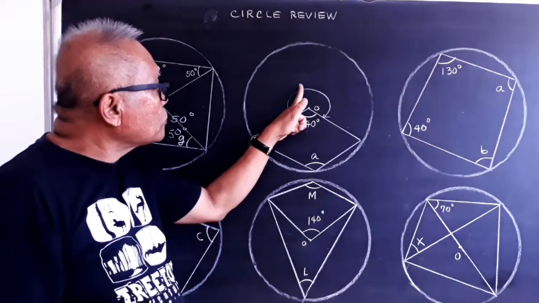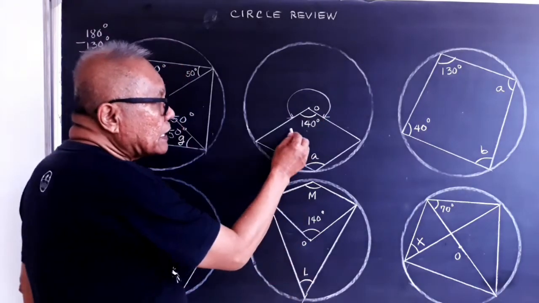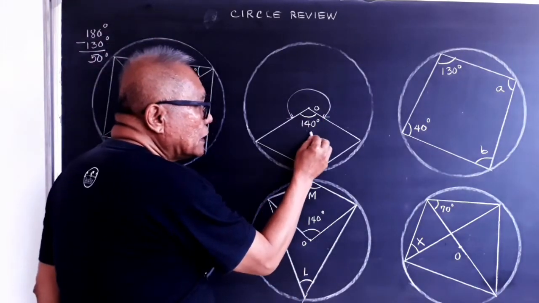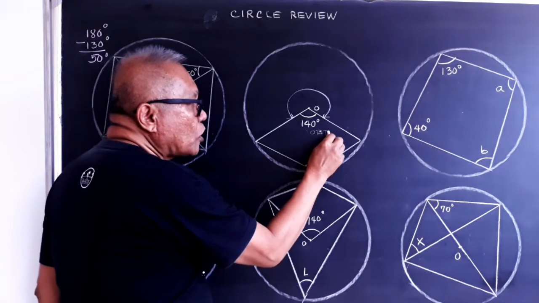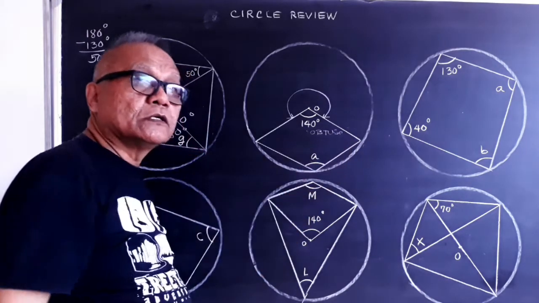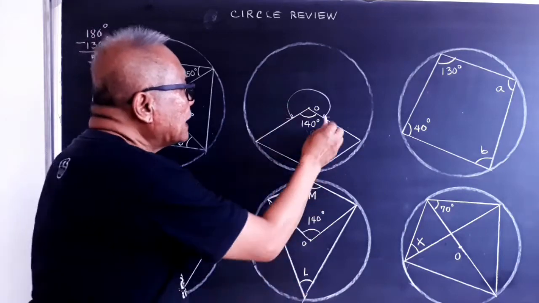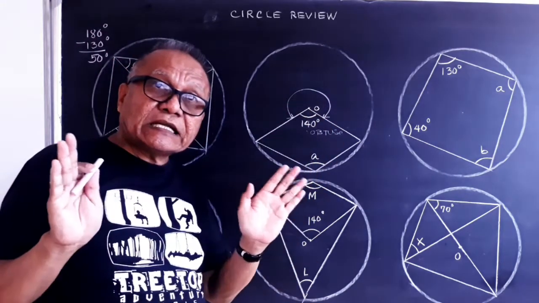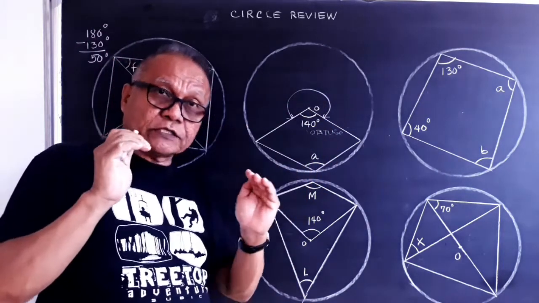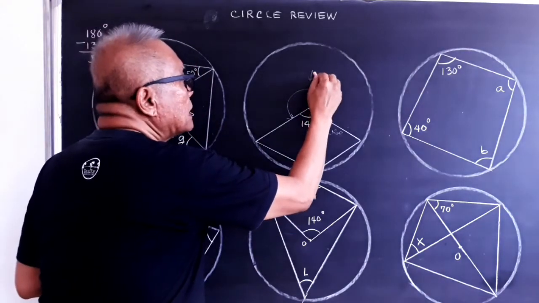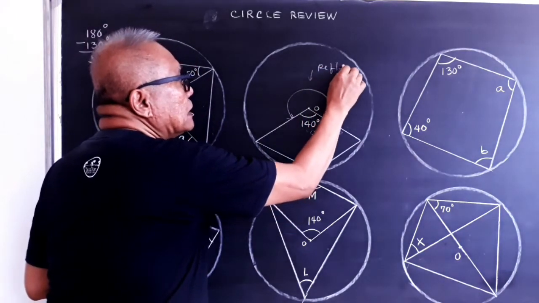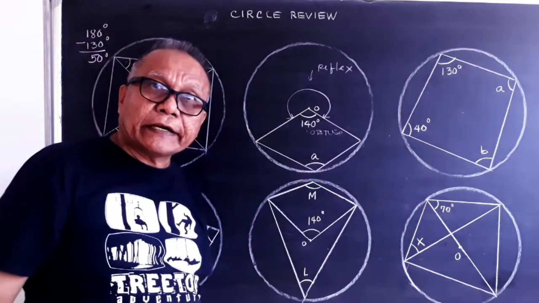So what is the measure of the reflex? Class, this one is 140. This is the obtuse angle in the central angle. And the other one, which is greater than 180 degrees, we call this one reflex angle.